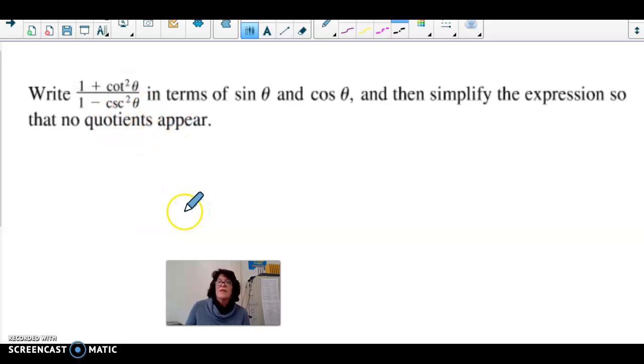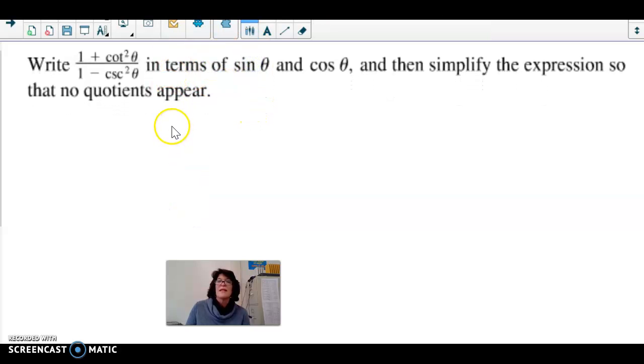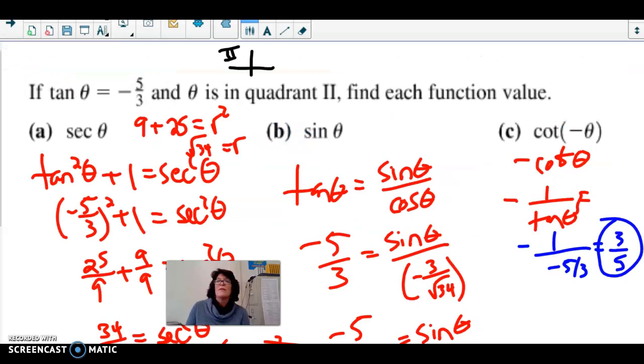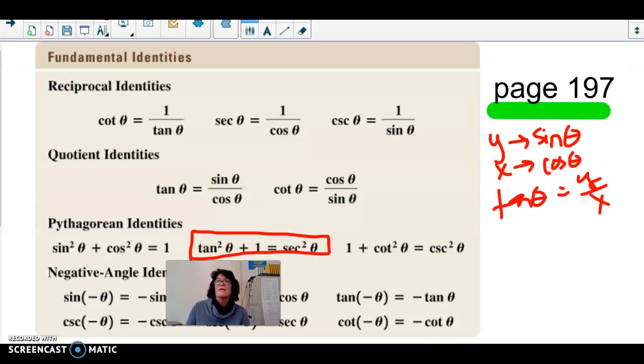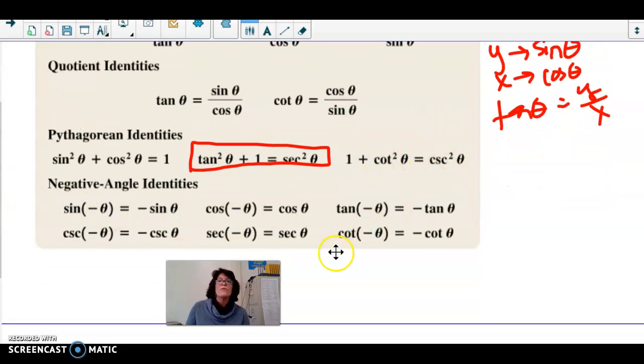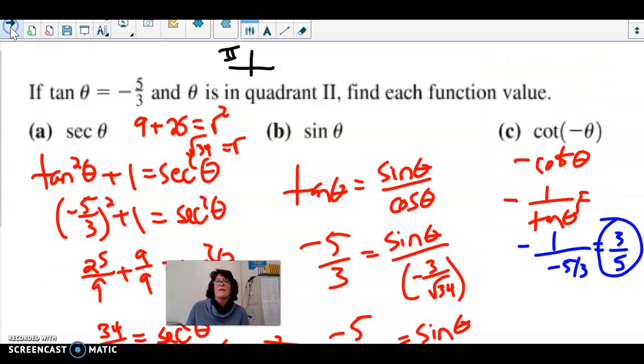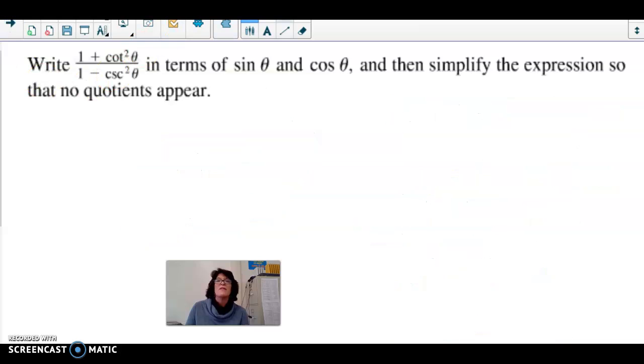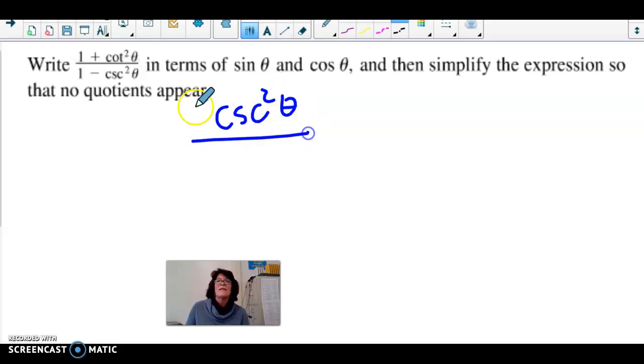Write this in terms of sine and cosine, and then simplify the expression so that no quotients appear. Okay, they're just having us play with these and use our identities. Let's see, what was 1 plus cotangent squared? Oopsie, sorry. 1 plus cotangent squared. Oh, that's cosecant squared. Okay, so I remembered there was something about those, right? So I have cosecant squared. And what's 1 minus cosecant squared?